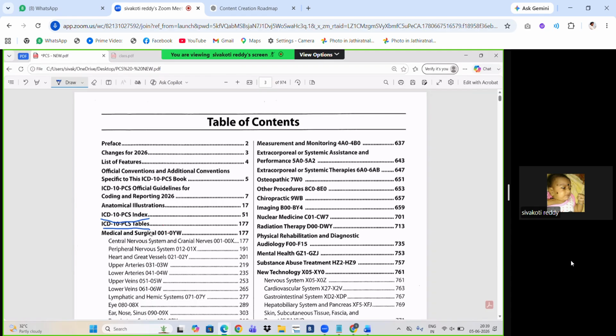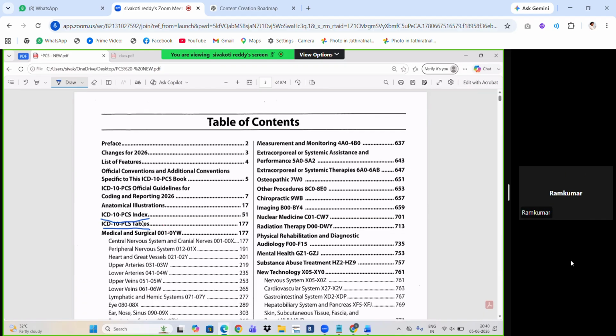In the table of contents, you find these headers, ICD-10 PCS index and ICD-10 PCS tables. Guys, please ask me if you have any doubt. Once you understand the book reading, it is very easy to find every code. If you are not understanding book reading, it is difficult for every procedure.